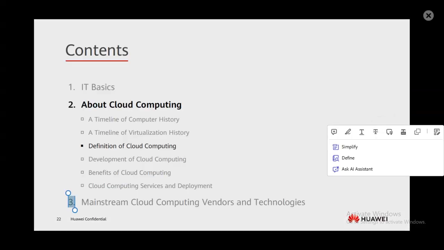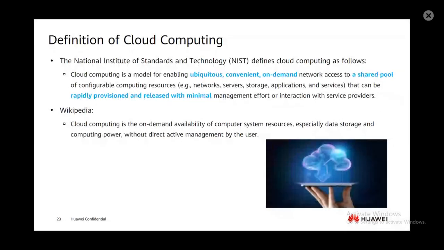So let's see the definition. We still did not define cloud. So this is the definition of cloud. These are the important things to remember. According to the National Institute of Standards and Technology, NIST, they define cloud computing as a model for enabling ubiquitous, convenient, on-demand network access to a shared pool of configurable computing resources.